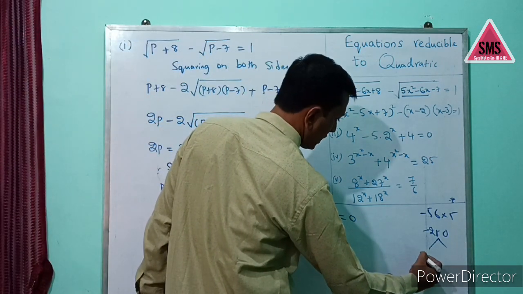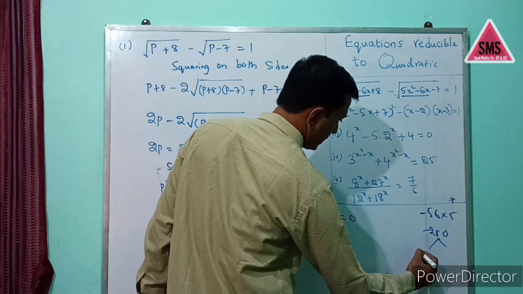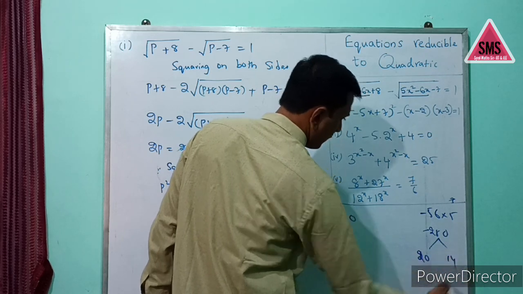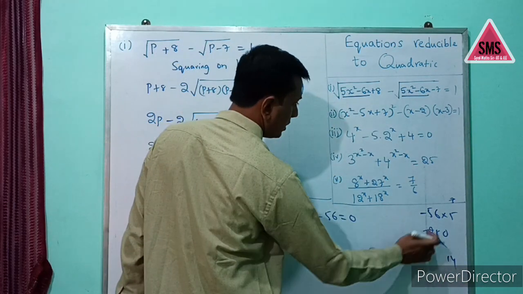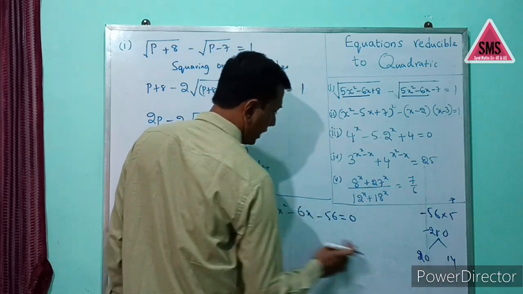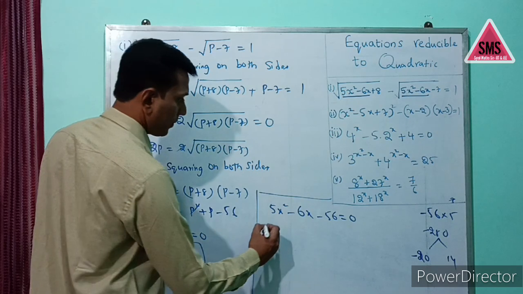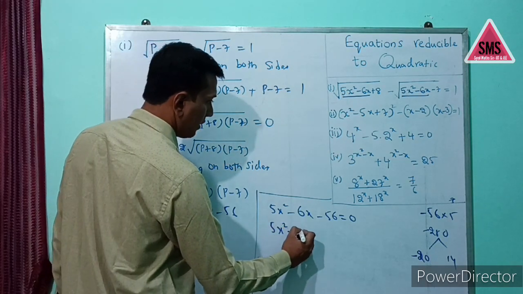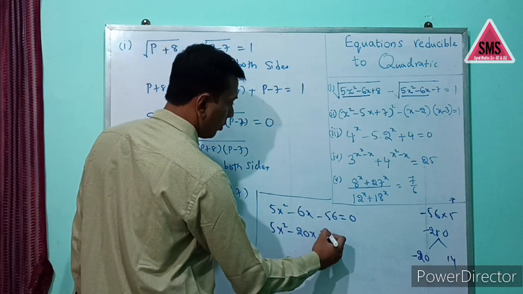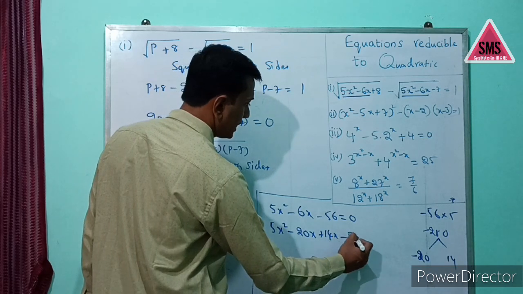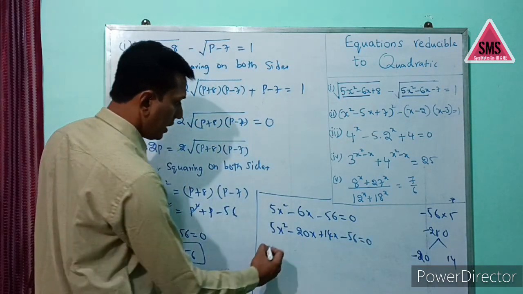I will get here 20 and 14; 14 twos are 28, and the difference of 20 and 14 will be 6. So I will take 20 as negative. Now 5x square minus 20x plus 14x minus 56 equals 0.